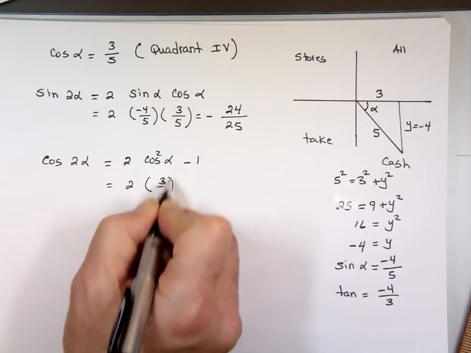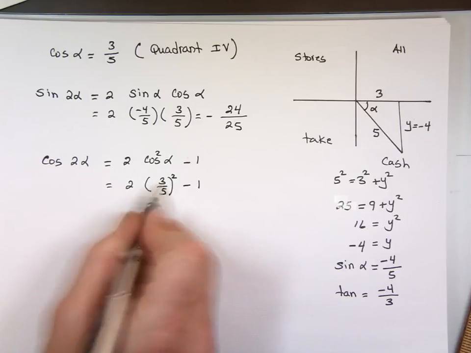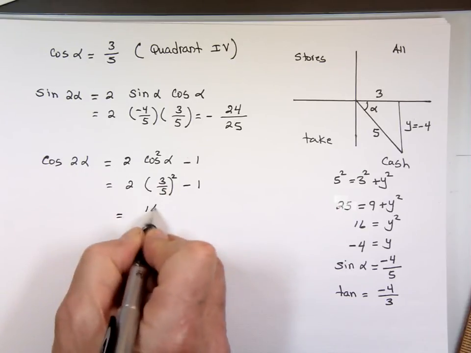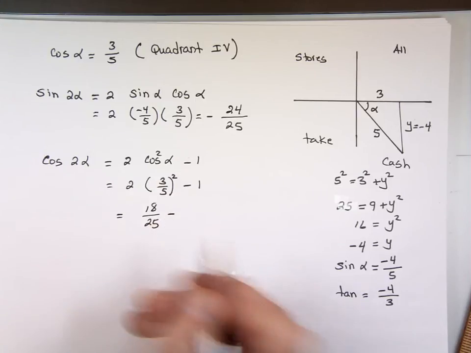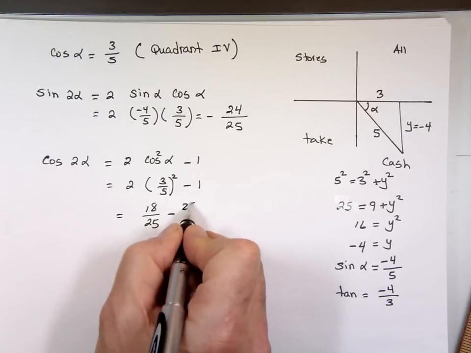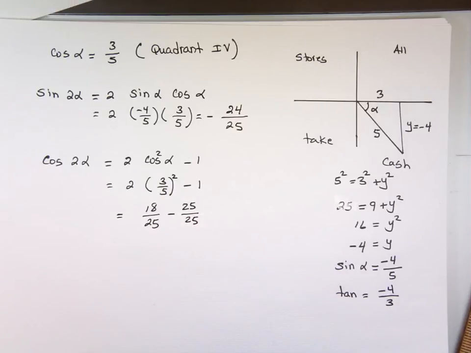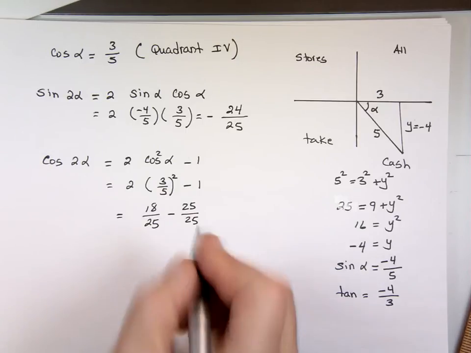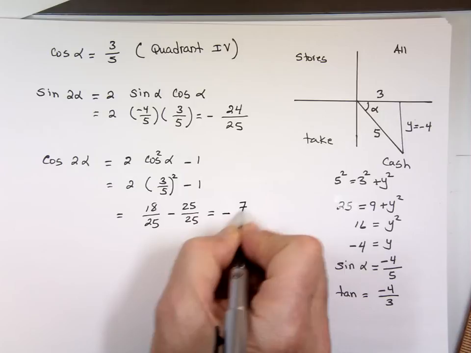Square it, minus the 1. 9 times 2, that's 18 over 25, minus the 1. Well, the 1 will be what? 25 over 25. That's what the 1 is. 18 minus 25, which is what? Negative 7 over 25.